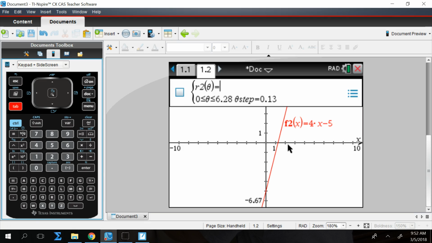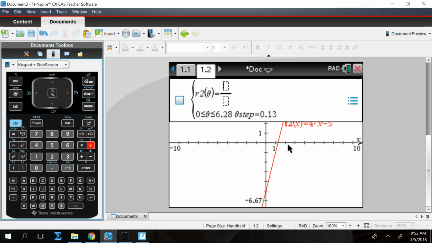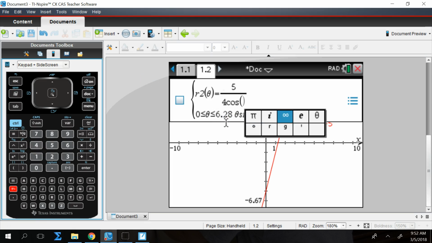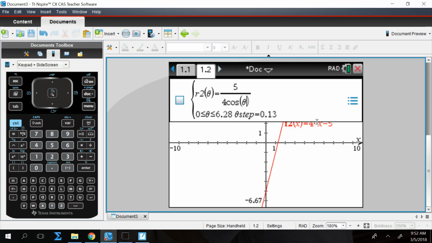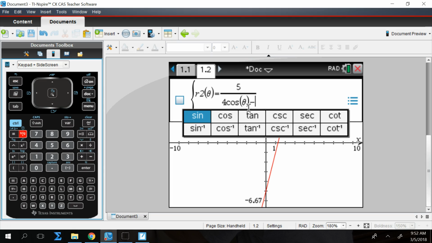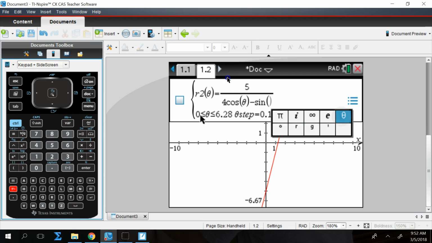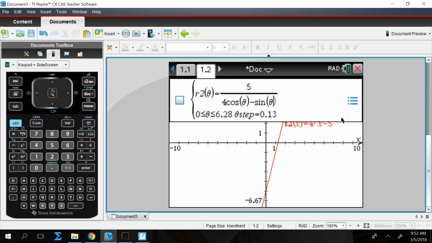Okay. We said 5 divided by 4 cosine of theta minus the sine of theta, right?